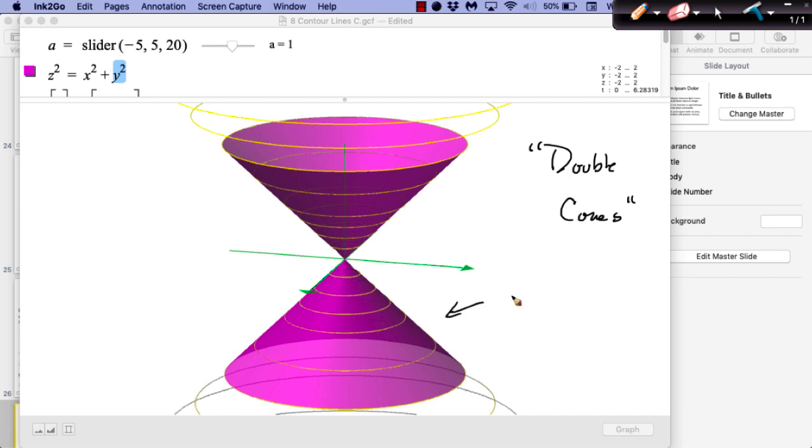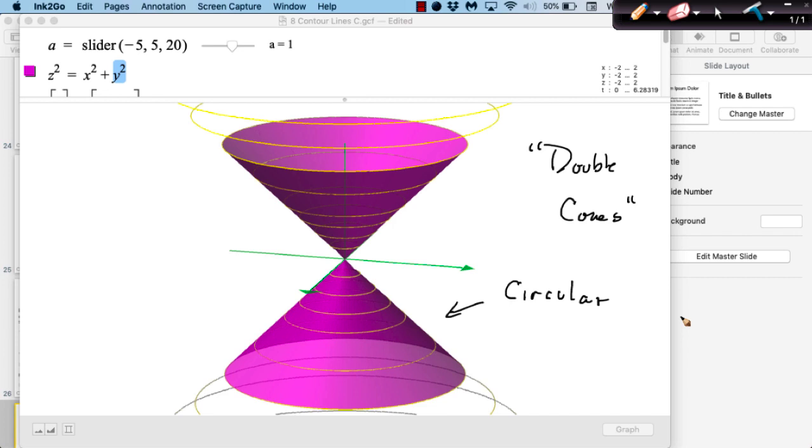So this one's circular. You could have elliptical, by dividing by different r squareds, right? Again, you can translate it, or you can have it open in different directions.